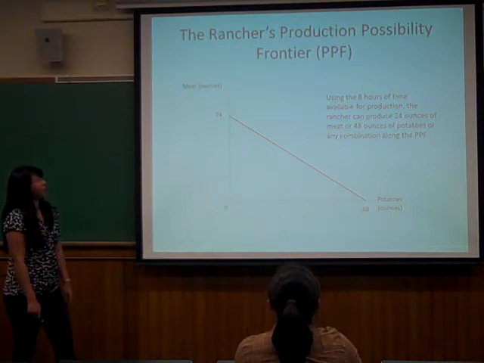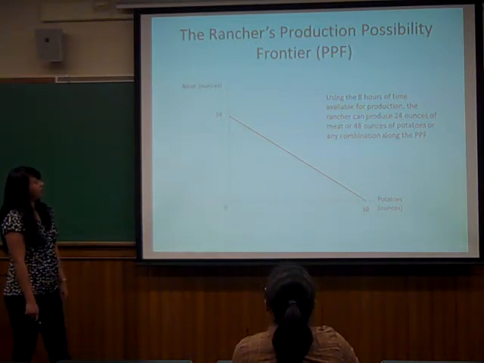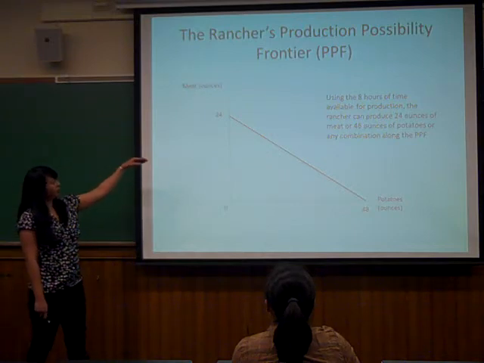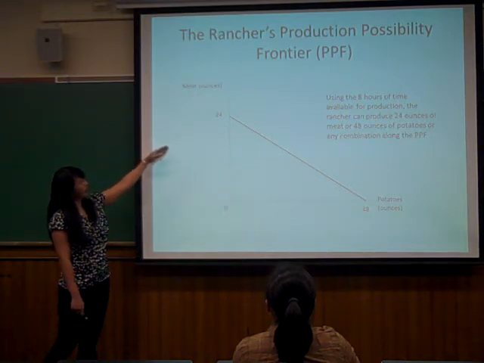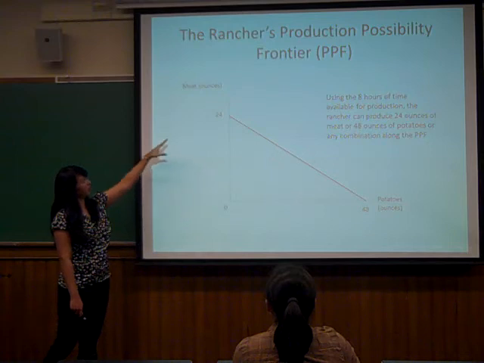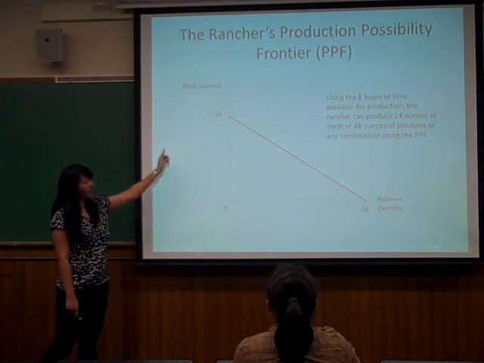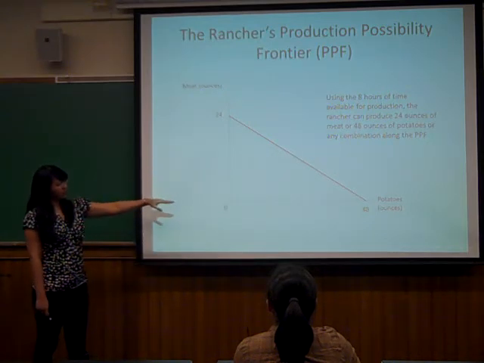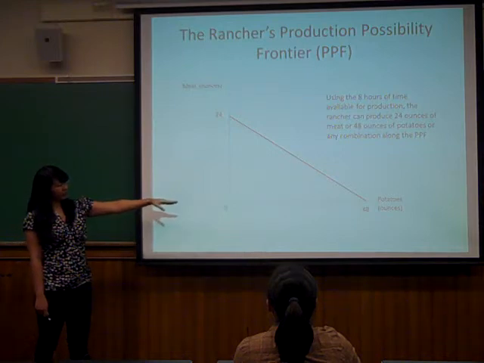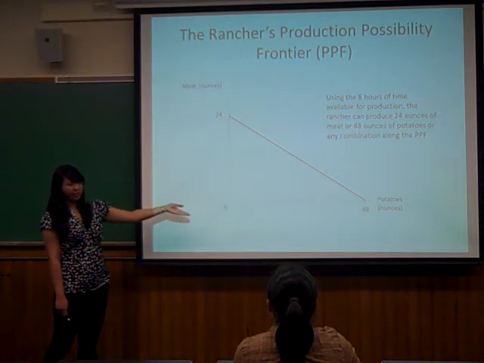So this is the rancher's production possibility frontier, and we calculated the amount of ounces that the rancher can produce if he uses all 8 hours on meat, which is 24, and if he uses all 8 hours on potatoes, which would give him 48 ounces.